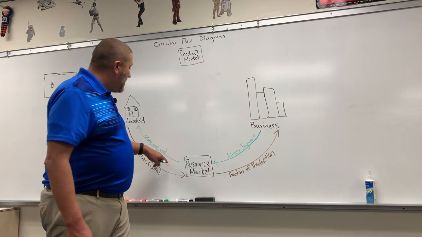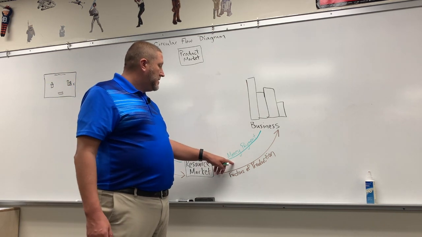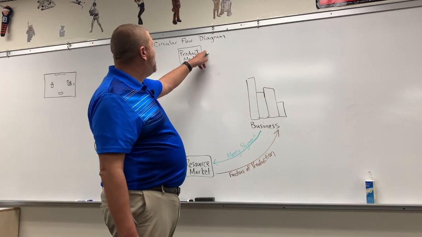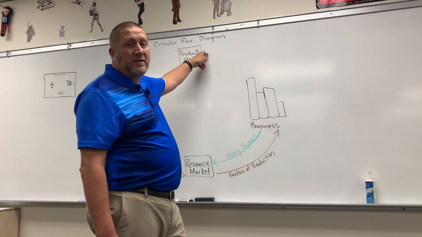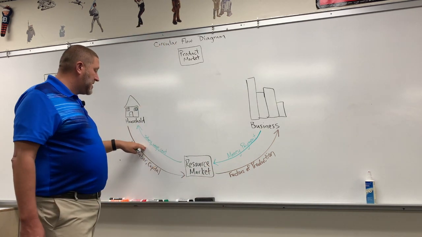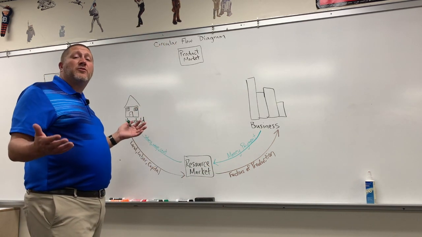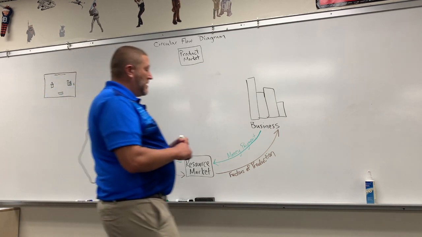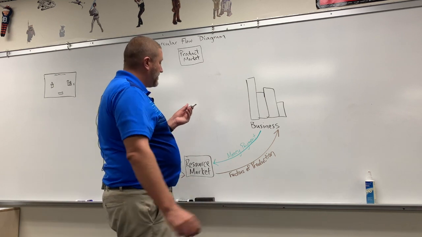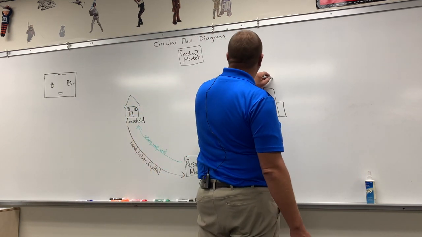Now, when that happens, what are businesses getting out of this? And what are businesses going to do in the product market? Well, businesses are going to take all the stuff from the resource market, and now they're going to create products. I'm going to take my brown marker again because I want to keep the arrows going in the same direction.